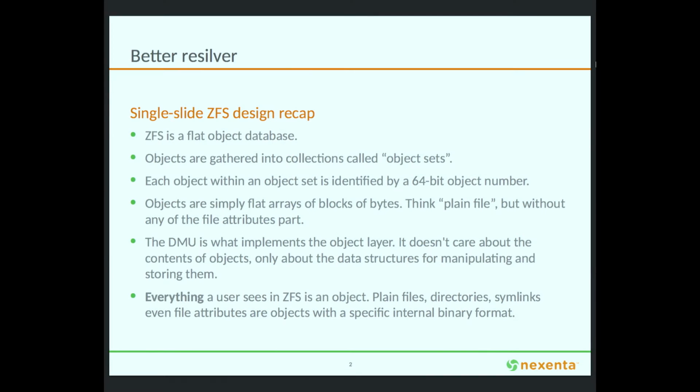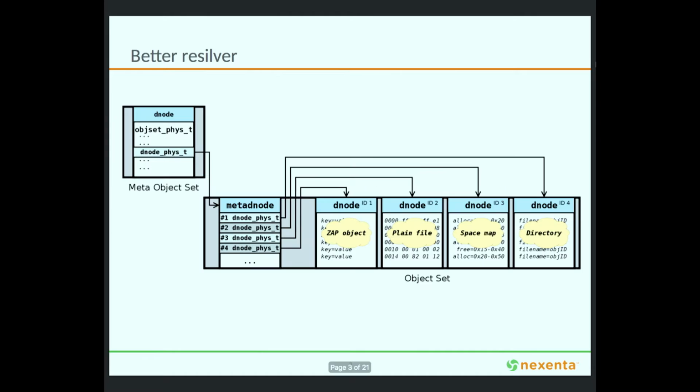So everything that you see in ZFS as a user is built as an object. Any plain file, any directory, even symlinks and attributes on objects, zvols, everything is built out of these objects, each with a specific binary format inside. Graphically, this is about what it looks like.